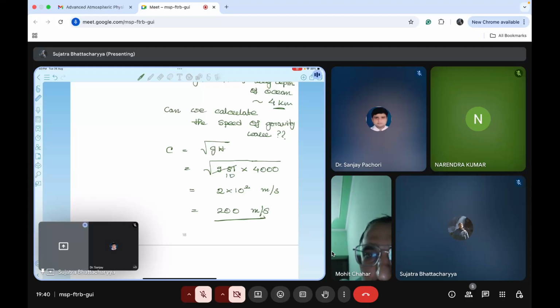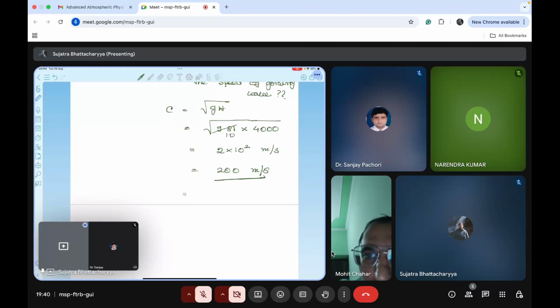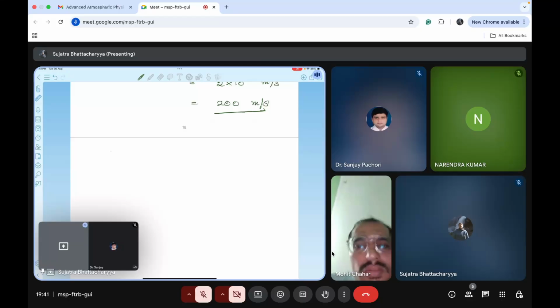Somewhere it is 5, somewhere it is 3, somewhere it is 11 kilometers, like in the Mariana Trench. So there things will change, but that happens locally. So that's all.